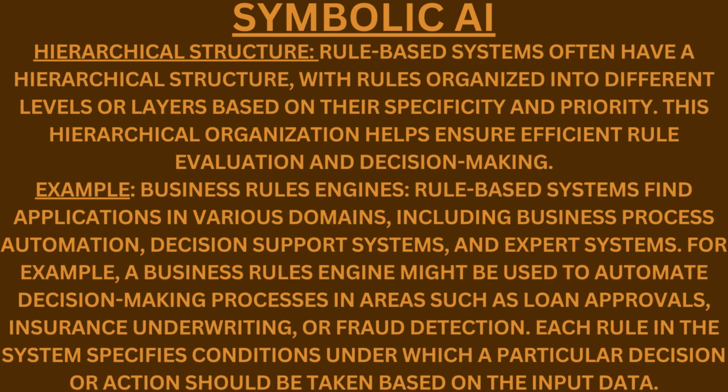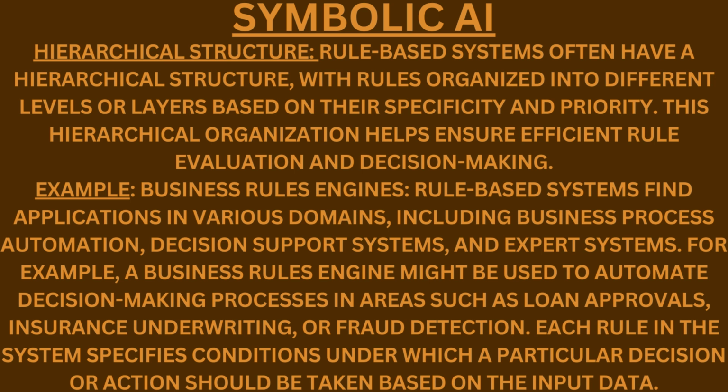Hierarchical structure. Rule-based systems often have a hierarchical structure with rules organized into different levels or layers based on their specificity and priority. This hierarchical organization helps ensure efficient rule evaluation and decision making.